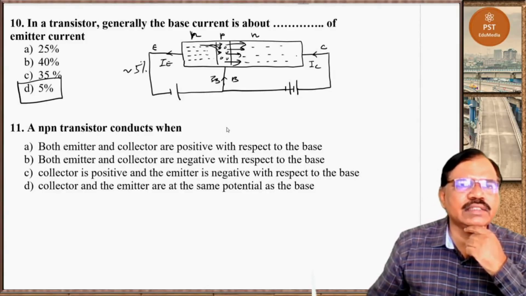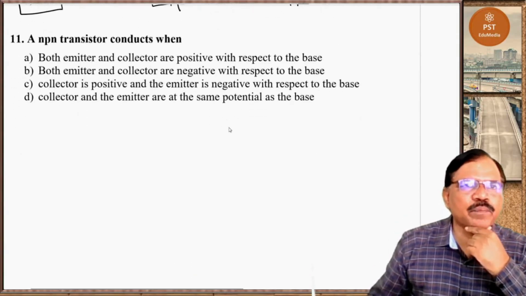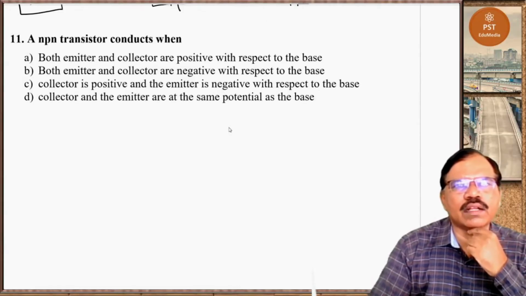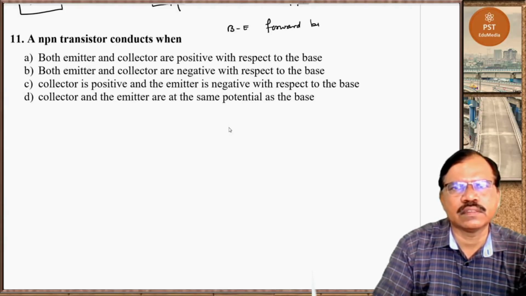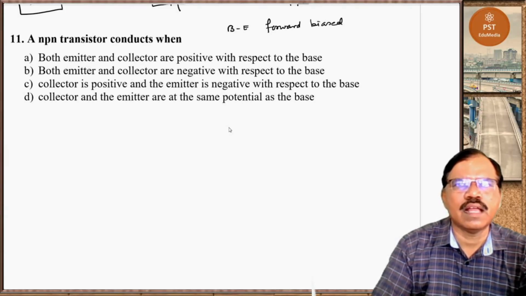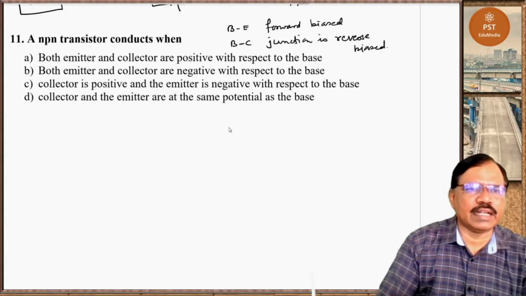An NPN transistor conducts when? Now we know for conduction of transistors, base emitter junction is forward bias and base collector junction is reverse bias. Now it is NPN transistor.